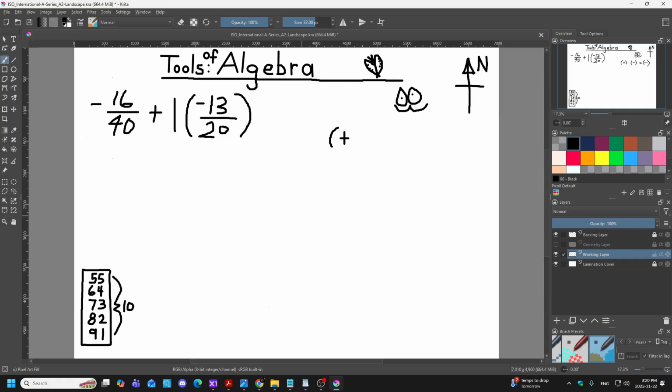So rewriting it, we have negative 16 over 40, subtract 13 over 20. For clarity reasons, that's what we're doing. Okay?